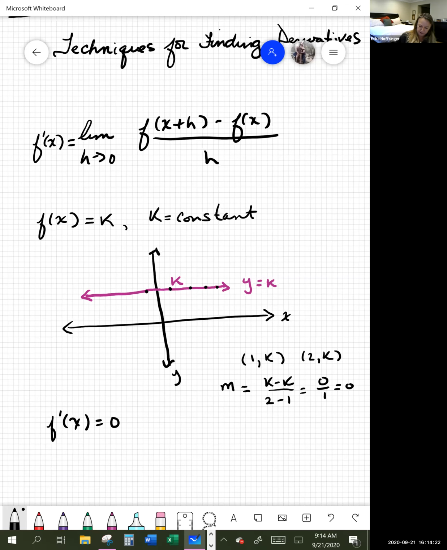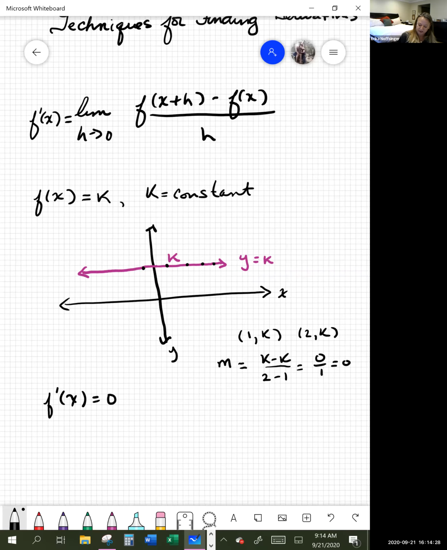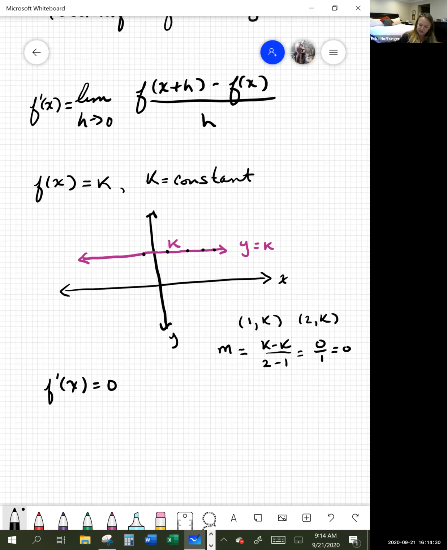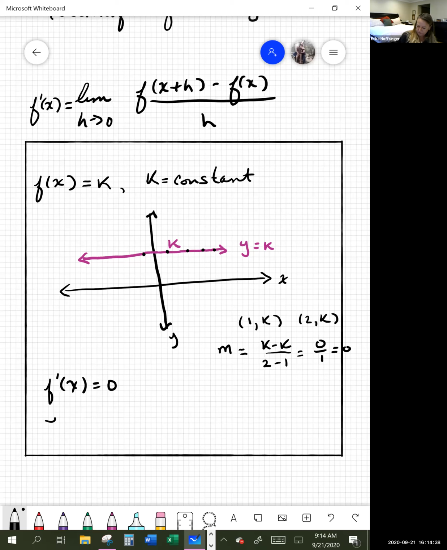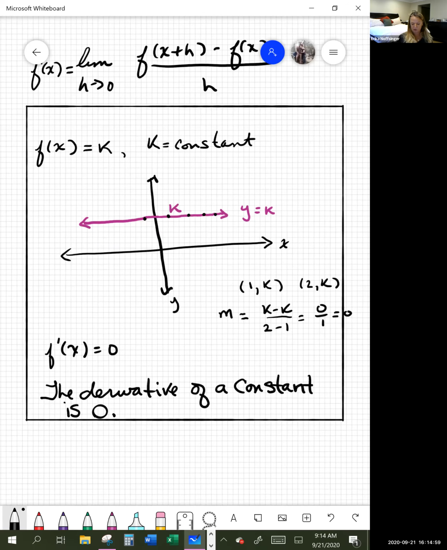So the derivative of a constant is always going to be 0.